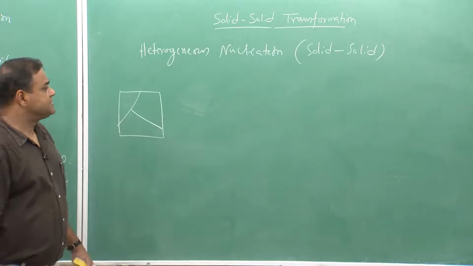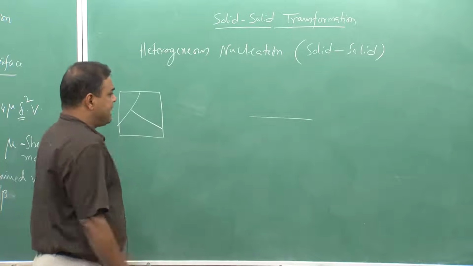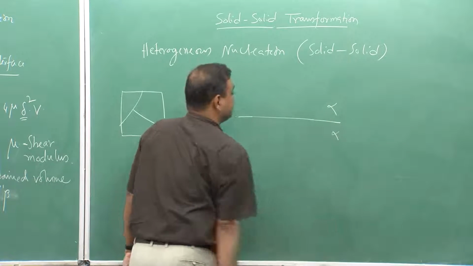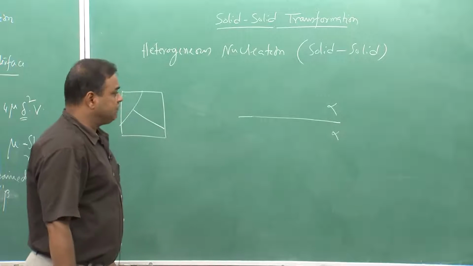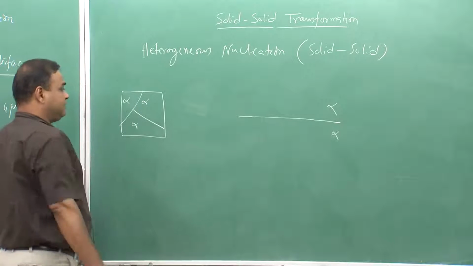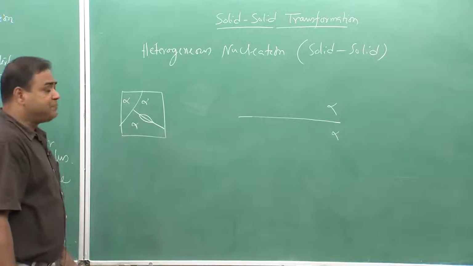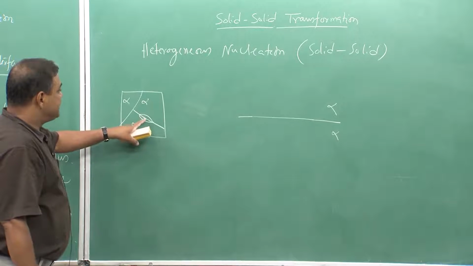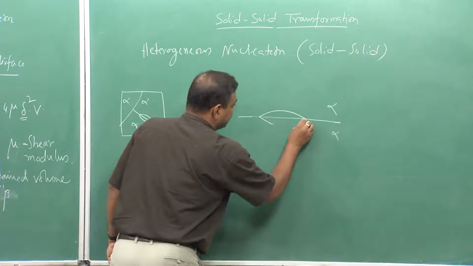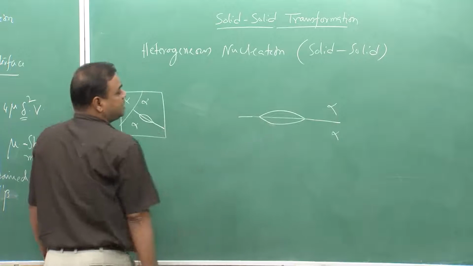Let us consider that one grain boundary acts as a heterogeneous nucleation site. This is alpha in the beginning. In the beginning it was alpha, alpha, that means both phases are alpha, and let us say one beta phase appears. The beta phase appears in the form of two truncated spherical caps.